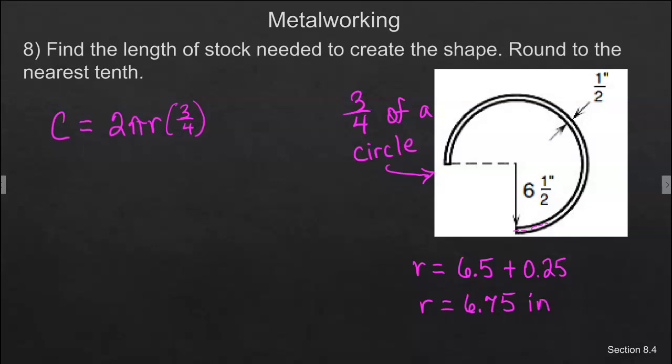Now you could go ahead and find your diameter if you'd rather use pi times the diameter. It really doesn't matter. Okay, so we have 2 times pi times 6.75 times our 3/4, so I'm going to say 0.75, and then we just have a calculation to do.